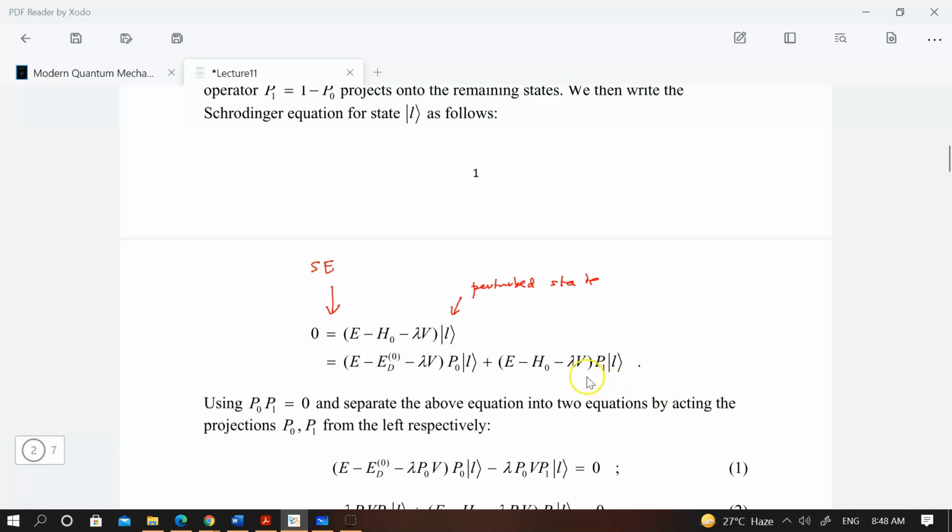The other thing I should say is that P naught plus P1 is the identity, because P1 is just the orthogonal projection. So we can insert an identity operator there, and then you have this decomposition using the projections. You have P naught here, and another term which projects onto the other states.